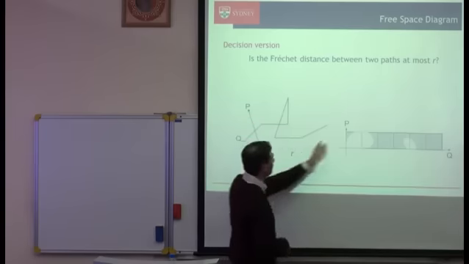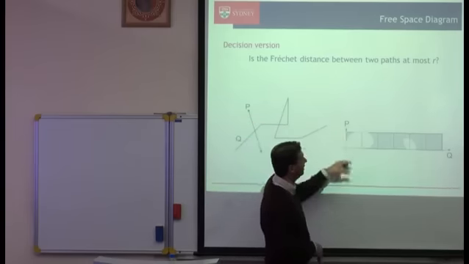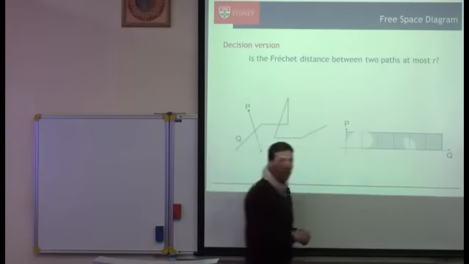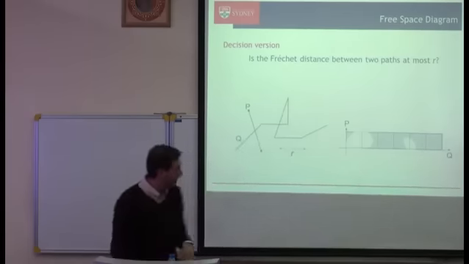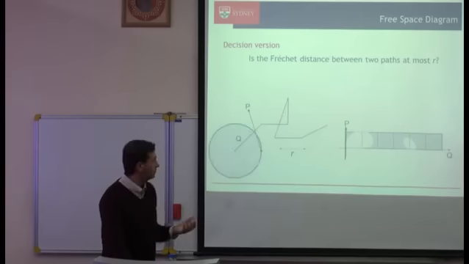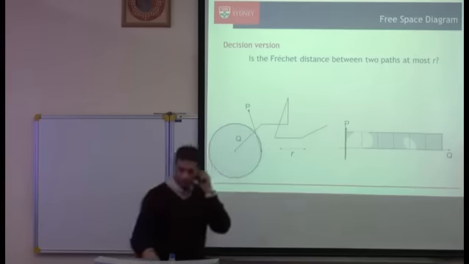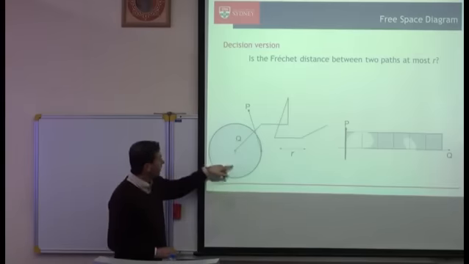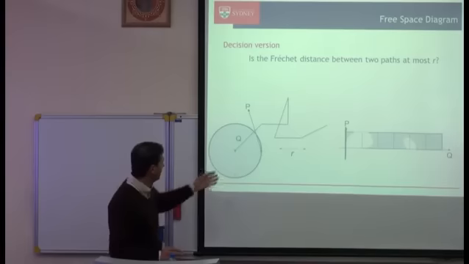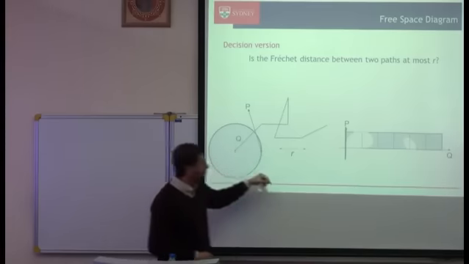So P is a segment, so it only has one unit on the y-axis, and Q has six segments, so it will have six units along the horizontal axis. And again, we just want to decide if the distance is at most R or not. Okay, so let's do this just sweeping from left to right with a ball of radius R. Again, let's look at the point set along P that lies inside this ball.